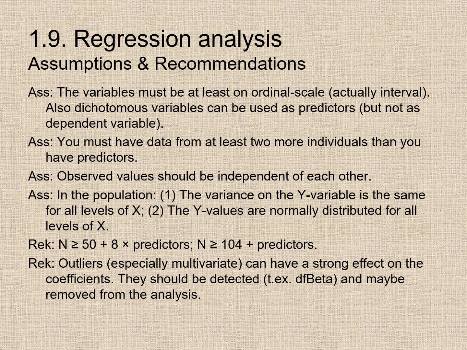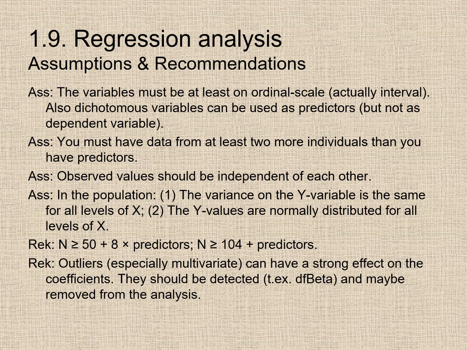Assumption: observed values are independent of each other. I say this a few times, it might be a bit confusing, but the value of one individual, for instance on the dependent variable, shouldn't be affected by some other individual's value on the dependent variable.